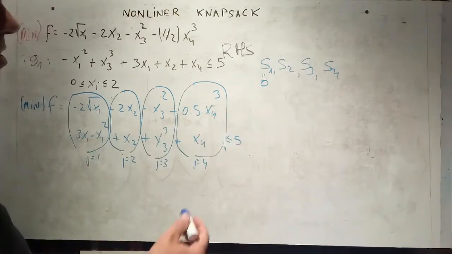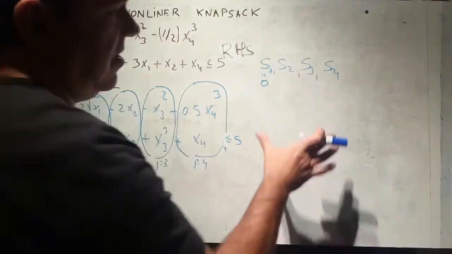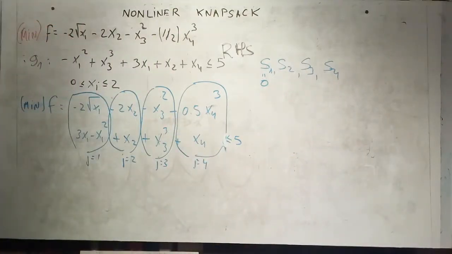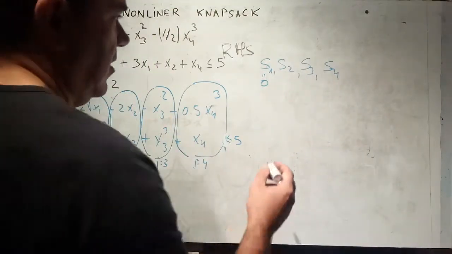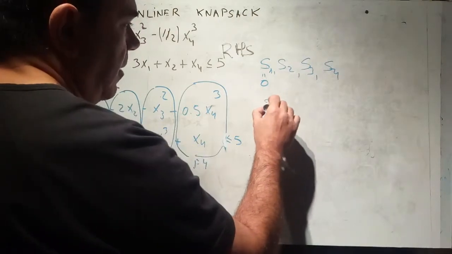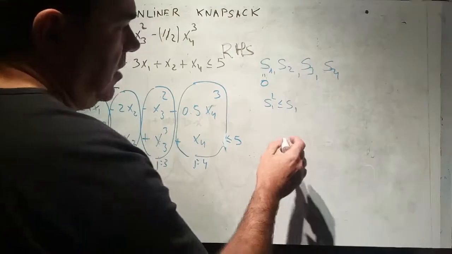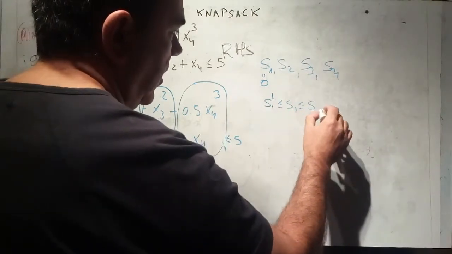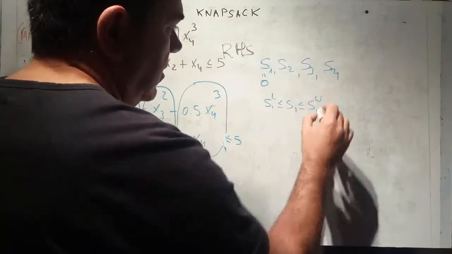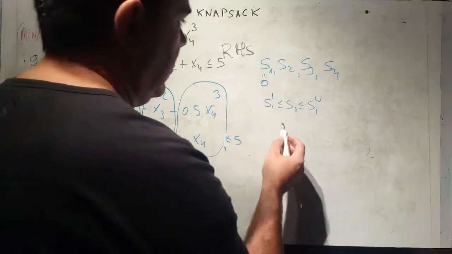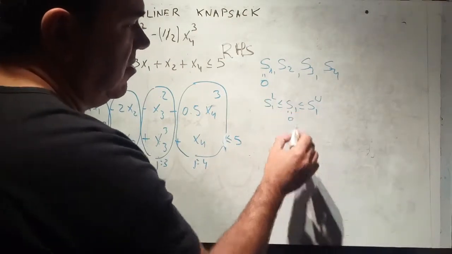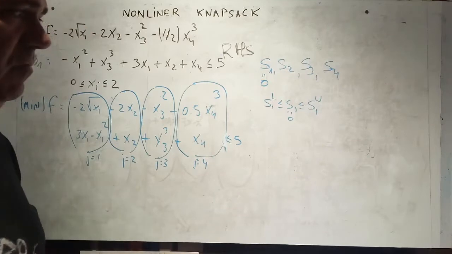And as we don't really know the value of these state variables, we know that each of them is going to have a lower and an upper limit. So S1 will lie between a lower and an upper limit that, as I've assumed S1 is 0, is going to be the same value.